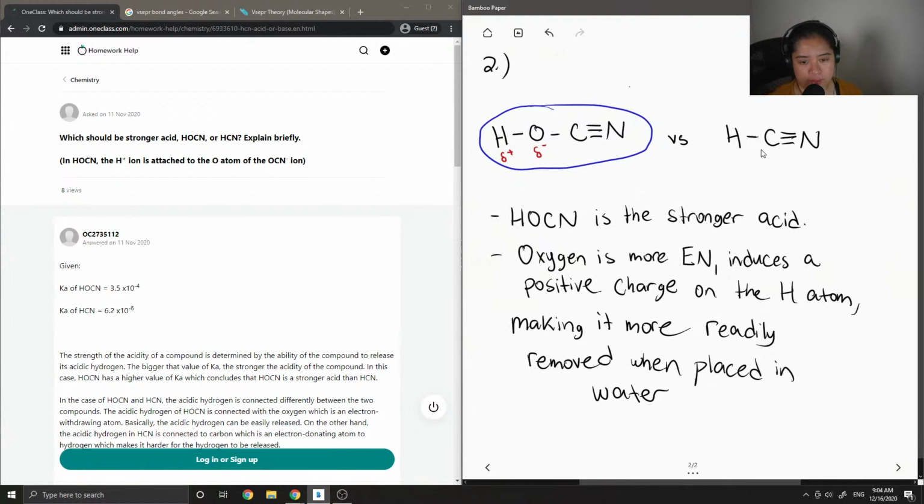Okay, and if we look at the carbon and hydrogen bond, it doesn't have that same effect since carbon and hydrogen have similar electronegativity values.